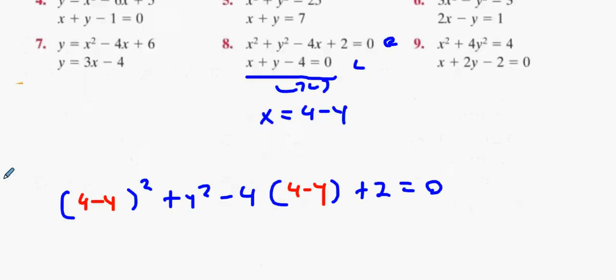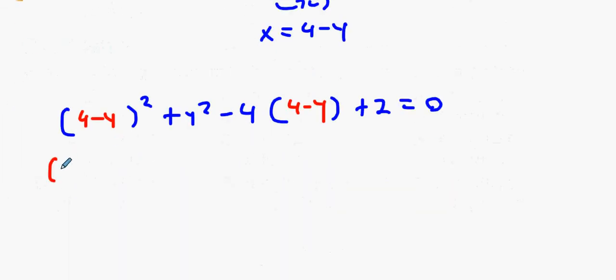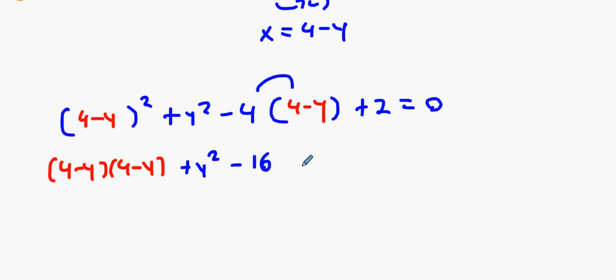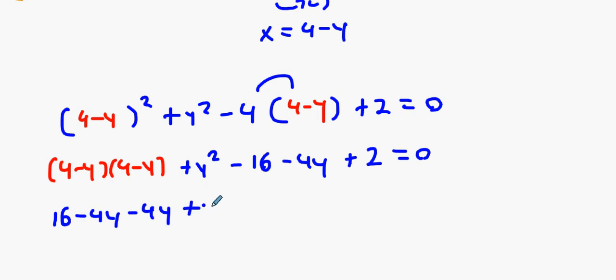As he said here, we end up with subbing that in. That's going to be 4 minus y by 4 minus y. That's going to be our y squared. Multiply this out, we're going to get 16 minus 4y minus 4y plus y squared.